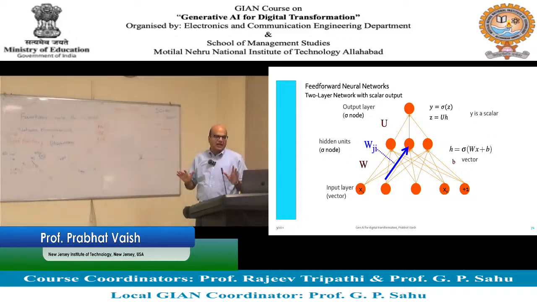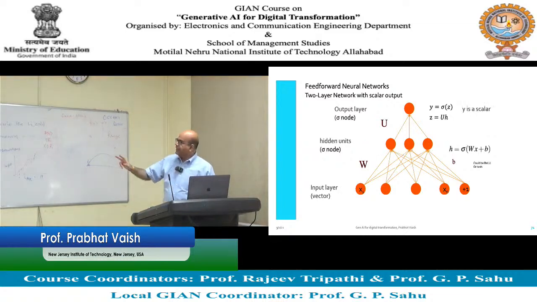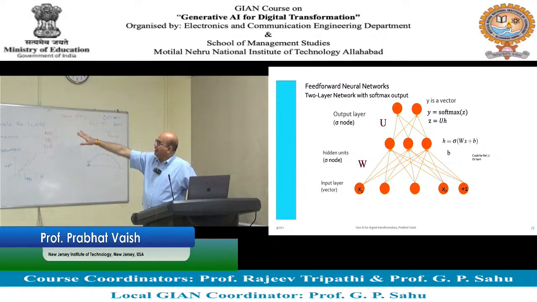That's what is happening here. Make sense? So what we are doing here is a two-layer network with scalar output. When we say scalar output, there is only one output, slightly simpler. When you have a softmax output, that's where you have the softmax function and it has more than one potential output and you get the probabilities.